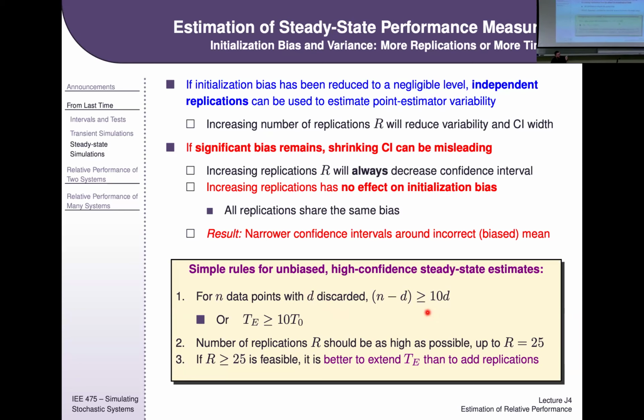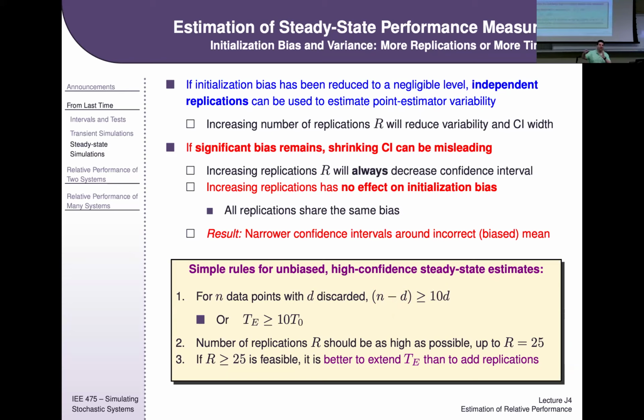If n is the length of your total sim, which is easier to think of in terms of time, and d is how much data you're excluding, then we want the amount of data you're including to be at least 10 times the amount of data you're excluding.